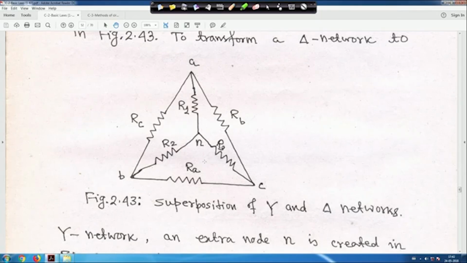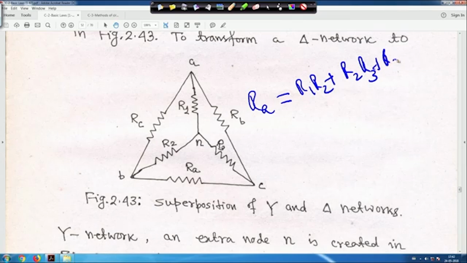For example, taking R A first, this numerator R 1 R 2 plus R 2 R 3 plus R 3 R 1 is common, divided by the opposite arm, here it is R 1.